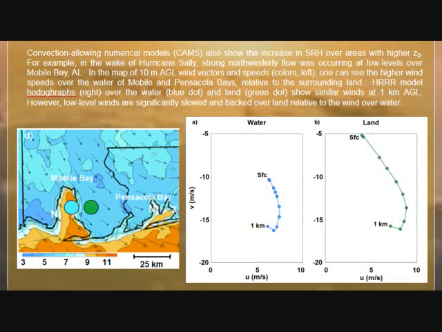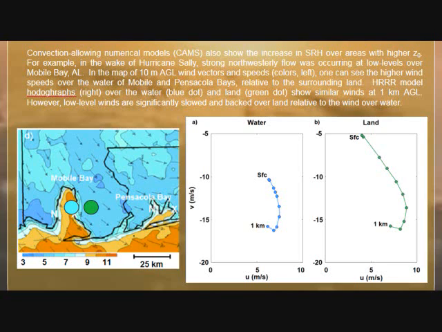The map you see here on the left is the Mobile and Pensacola Bay region after Hurricane Sally had moved northward away from the area. It's now in northwesterly flow. The contoured colors are showing the wind speed, and you can see it's much larger over the water, say over Mobile Bay, Pensacola Bay, and the Gulf, and slower over the land there in Alabama and extreme northwest Florida. The blue dot is a location over Mobile Bay.